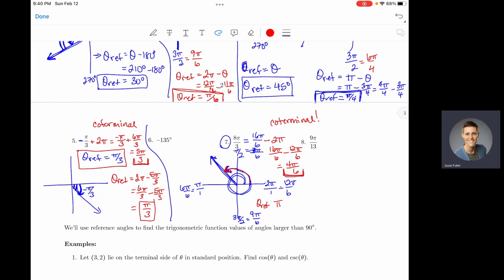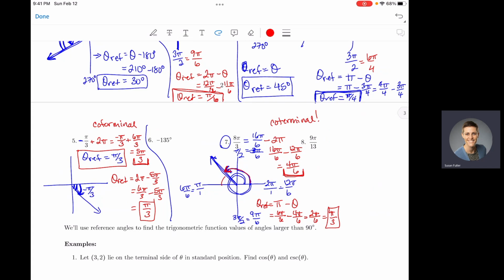And I'm going to have 6 pi over 6 minus 4 pi over 6. That means my reference angle is 2 pi over 6 or pi over 3.